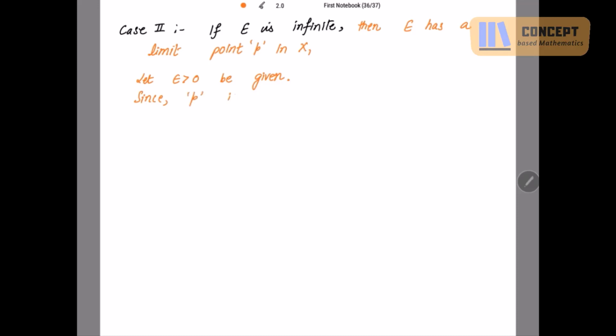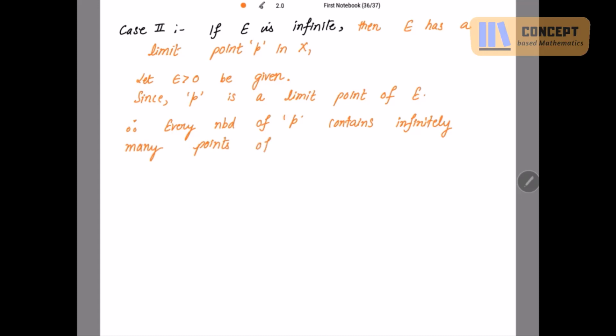Since P is a limit point of E, right? Therefore, every neighborhood of P contains infinitely many points of E. Say Pn1, Pn2, Pn3, and so on.